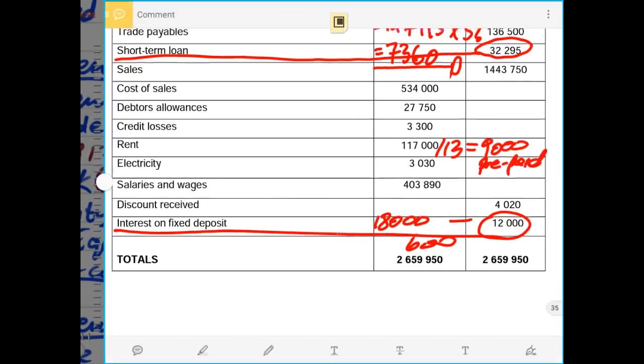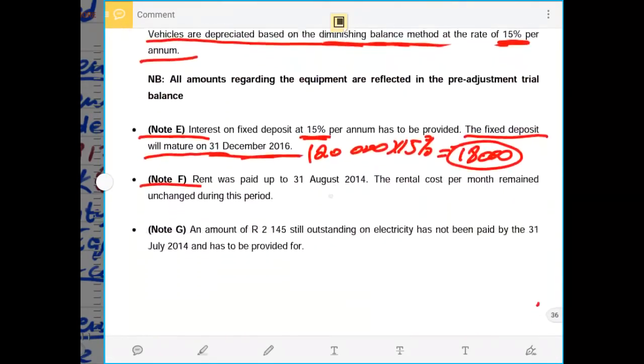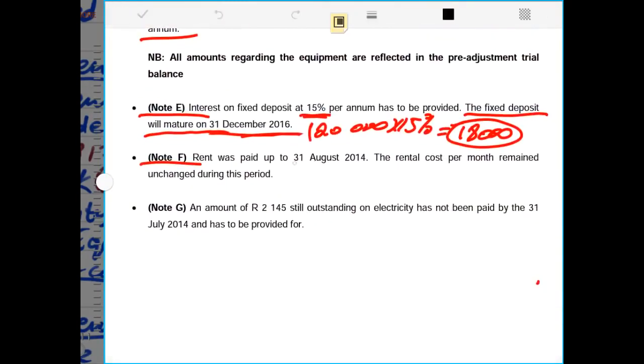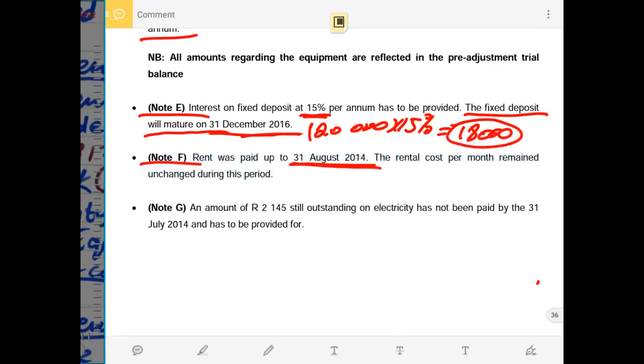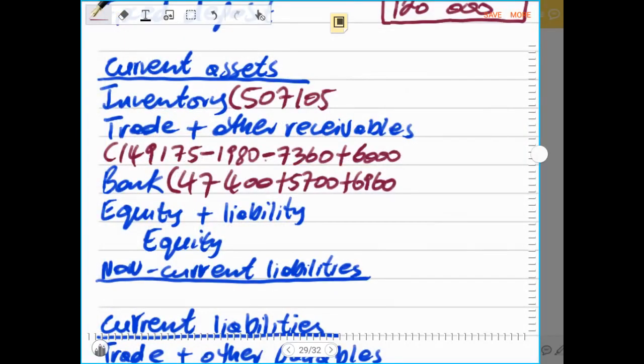So 9,000 rands will be recorded as prepaid because we paid that before time. Prepaid because they are telling us that the rent has been paid until 31st of August. Remember, the accounting period ended 31st of July. So if we pay up to 31st of August, it means the prepaid expense. And the prepaid expense is an asset. Therefore, now the 9,000 must be increasing our assets in the balance sheet under trade and other receivables, plus 9,000 rands.